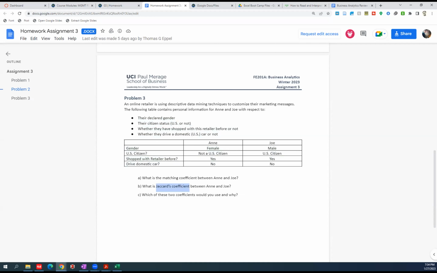Hey, Jerry, I had a question on the Jaccard's coefficient part of it. By changing the values to 1s and 0s, I ended up getting a value I didn't expect, but that was because I set my yeses as 1s and my nos as 0s. I guess the question is, could I have set my nos as 1s? Like my yeses as 1s and my nos as 1s, since they're different categories, or is that not a thing?